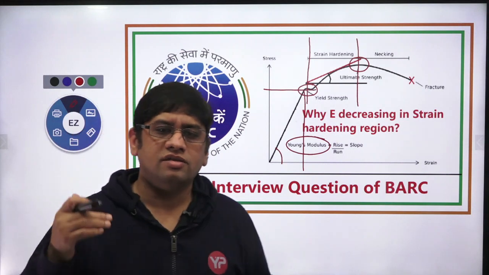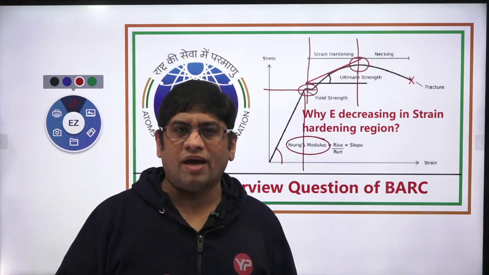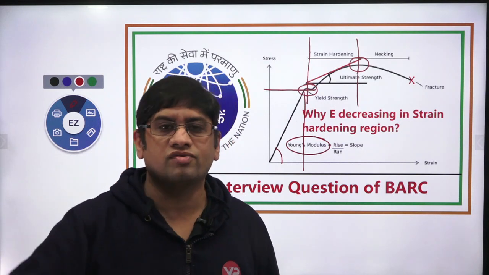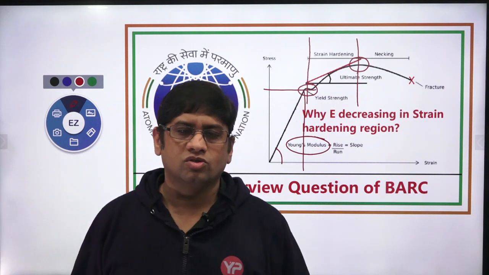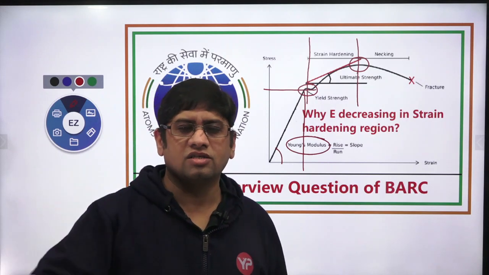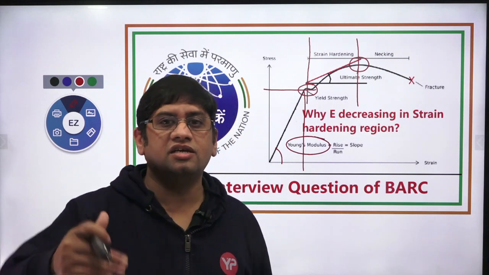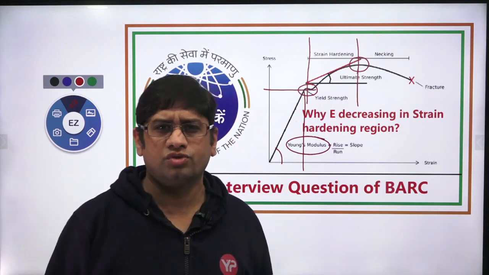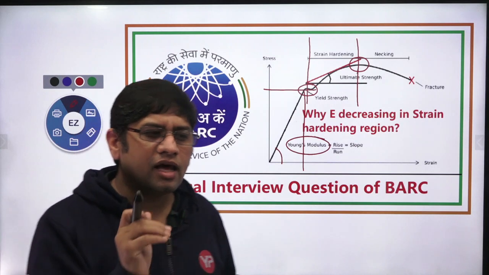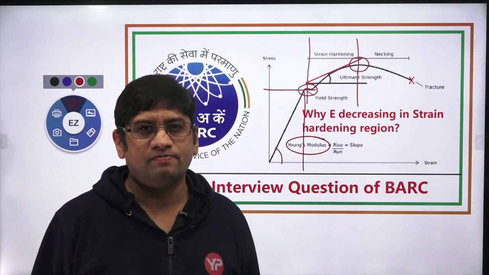Young's modulus is a parameter that tells us about the strength, rigidity or stiffness of the material. As you know, EA is axial rigidity and EA by L is the stiffness. So a material having a high value of E is also a stronger material.